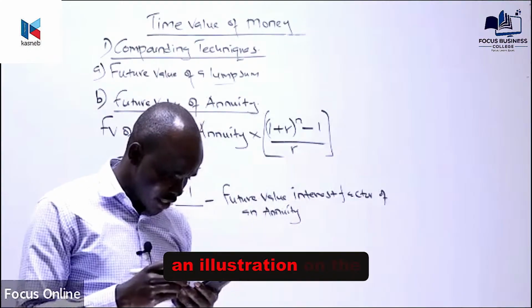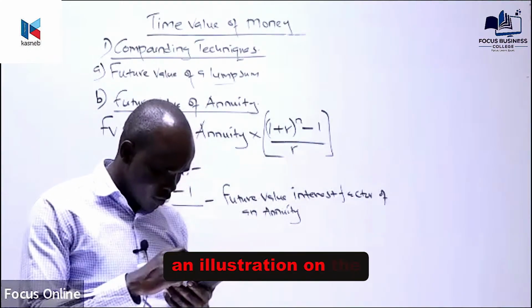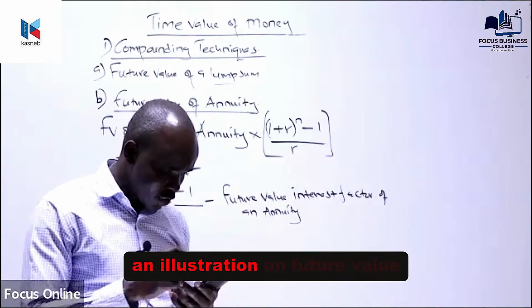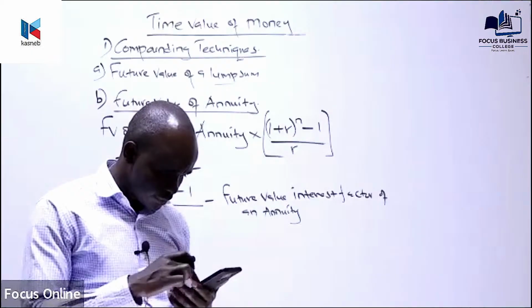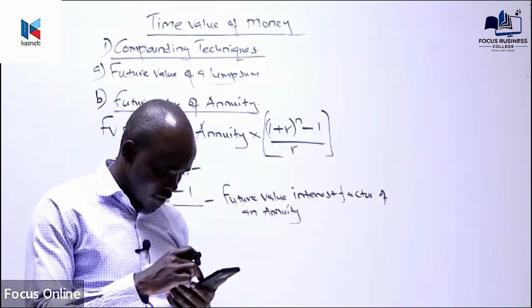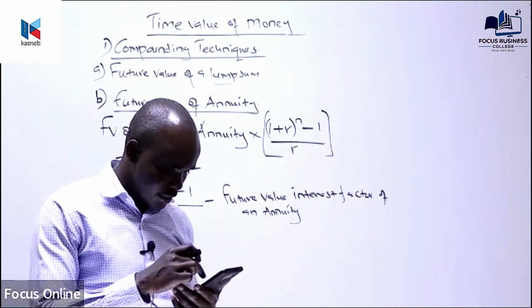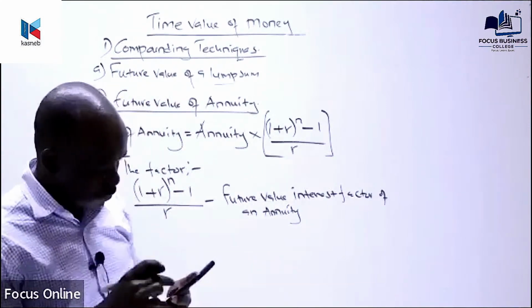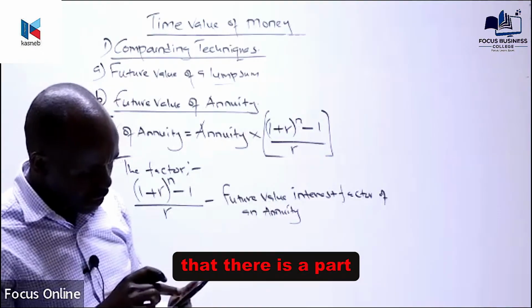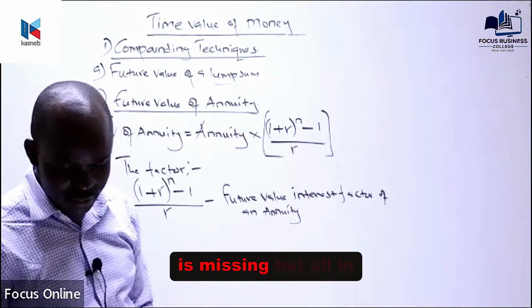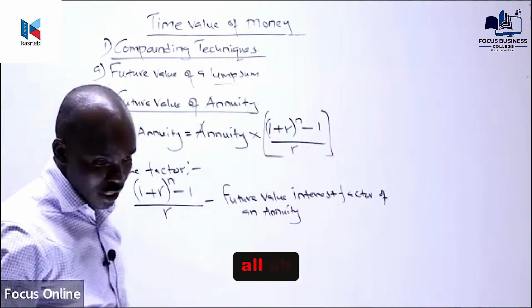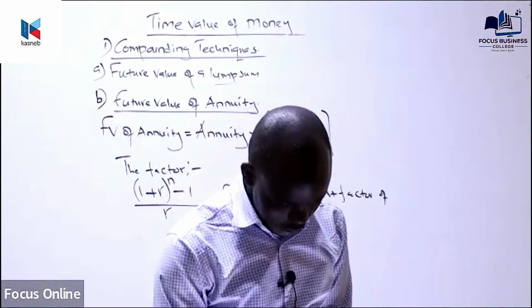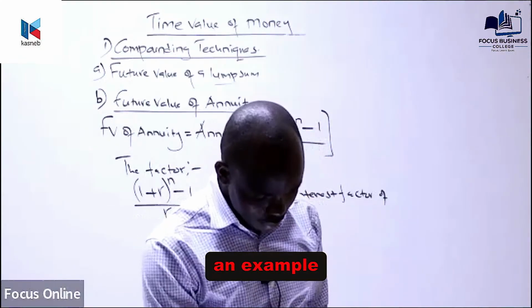I want us to have an illustration on future value of an annuity. There is a part that is missing here, but let's just write an example.